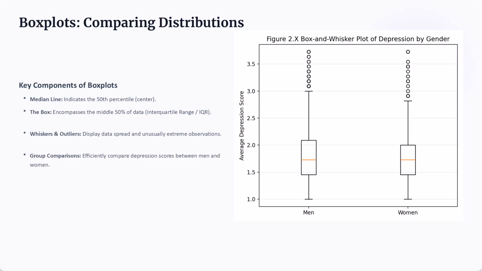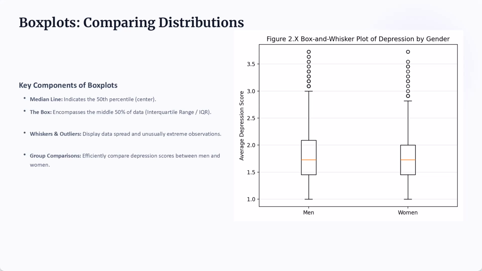When comparing distributions between groups, box and whisker plots provide a clear summary of central tendency and dispersion. The bold horizontal line inside the box marks the median, representing the 50th percentile. The box itself encompasses the middle 50% of observations, known as the interquartile range. The extending whiskers indicate the overall data spread, while individual points beyond the whiskers flag potential outliers.